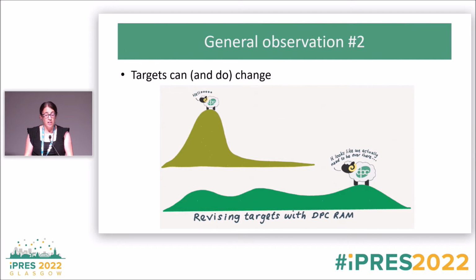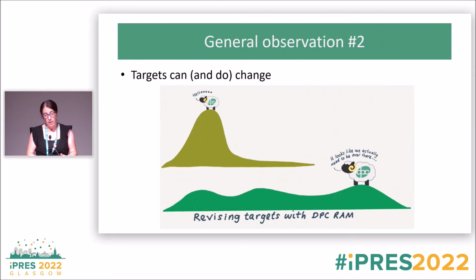Another observation around target levels would be that targets can and do change, and this is something we've been observing as we've been working with members with RAM. So we often see members adjusting their targets when doing a repeat RAM assessment, and this is a healthy sign too.